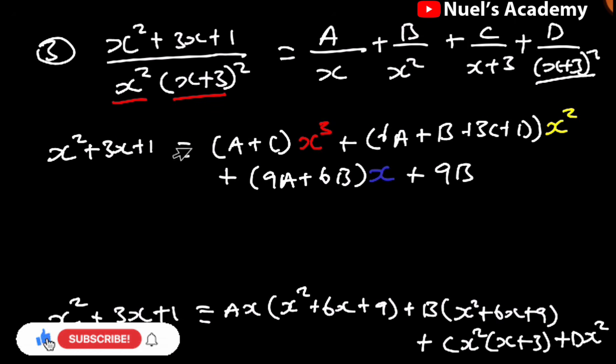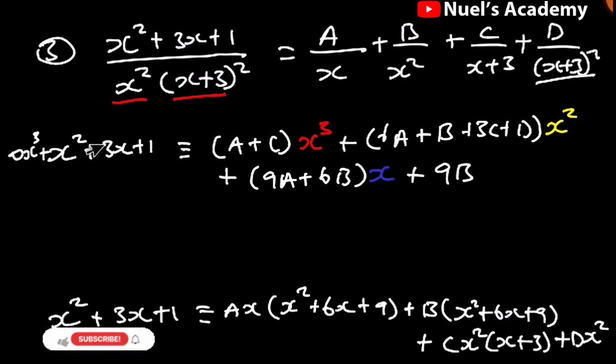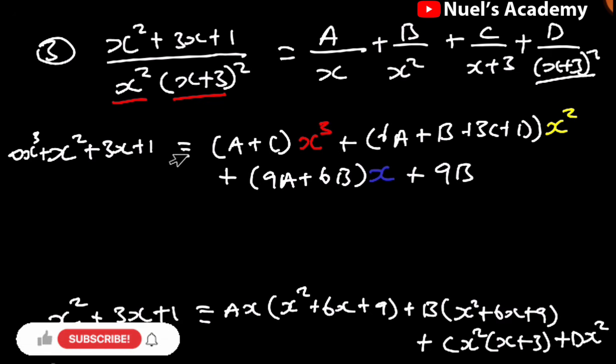So let's equate coefficients. If you look at the left hand side of this equation, you see that we don't have x cube, or rather I can write this as 0 x cube plus the rest, so that I'm going to equate A plus C to 0. So if we do that, we have that A plus C is equals to 0.